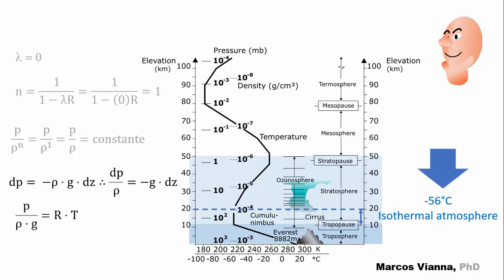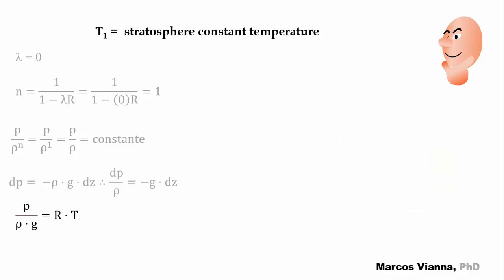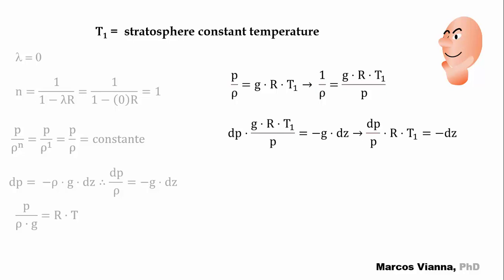Since n equals 1, the polytropic transformation law for gases becomes this one, P over ρg equals RT. If we call T1 the constant temperature that prevails in the stratosphere, then we can rewrite the former expression in this form. Now, in this form, it's ready to be integrated.